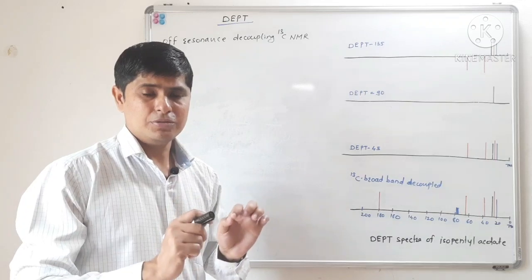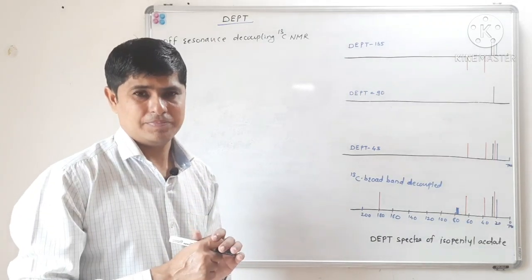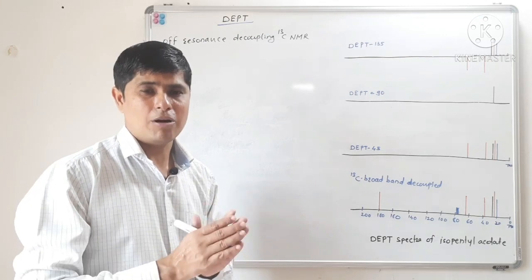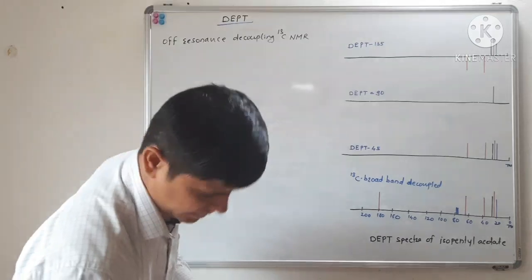NMR spectrum gives the different types of carbon atom. It gives an idea about the number of carbon atoms and the different types of carbon atom, isn't it?